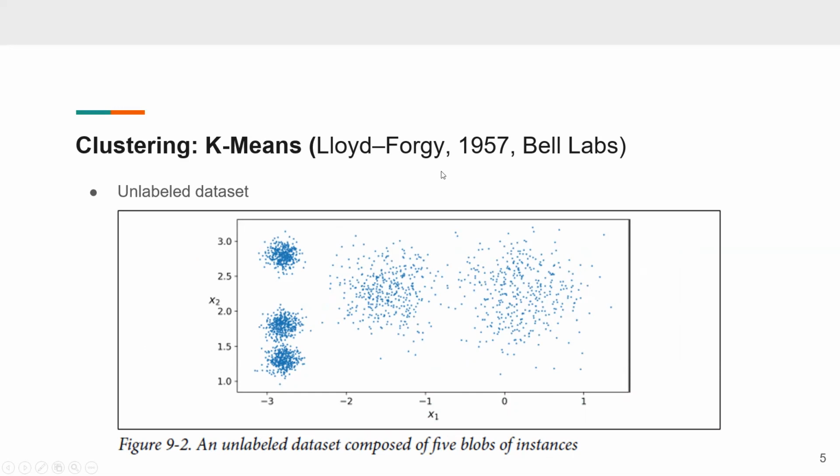This data set has different blobs, and hopefully, given x1 and x2, you would be able to cluster all these data points into 5 different classes: 1, 2, 3, 4, 5. So let's see if k-means can help you with that.